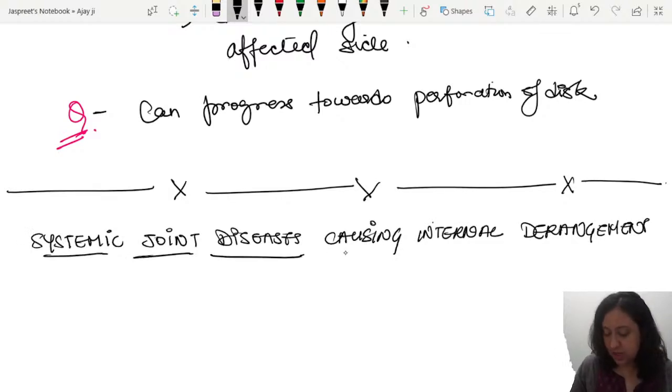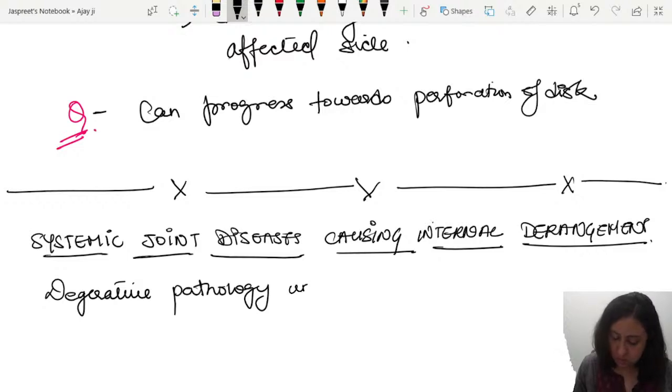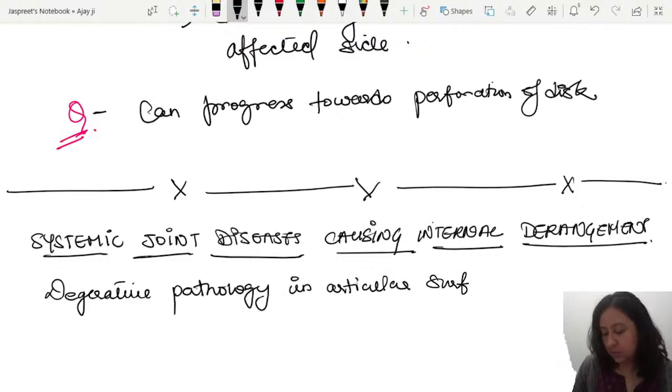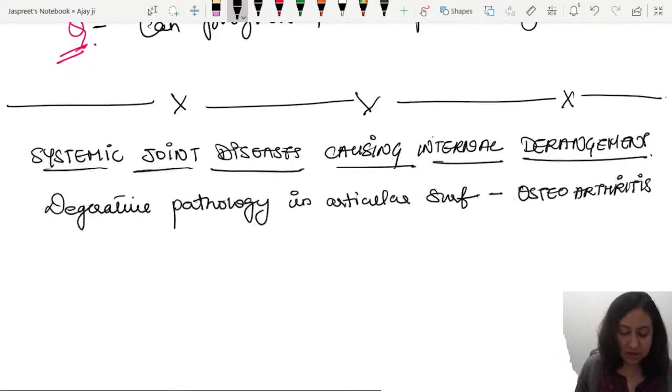There can be degenerative pathology in articular surfaces. That means there can be degenerative pathology either in the glenoid fossa or the condylar head. This is osteoarthritis. Apart from the disc, these are other causes of internal derangement.